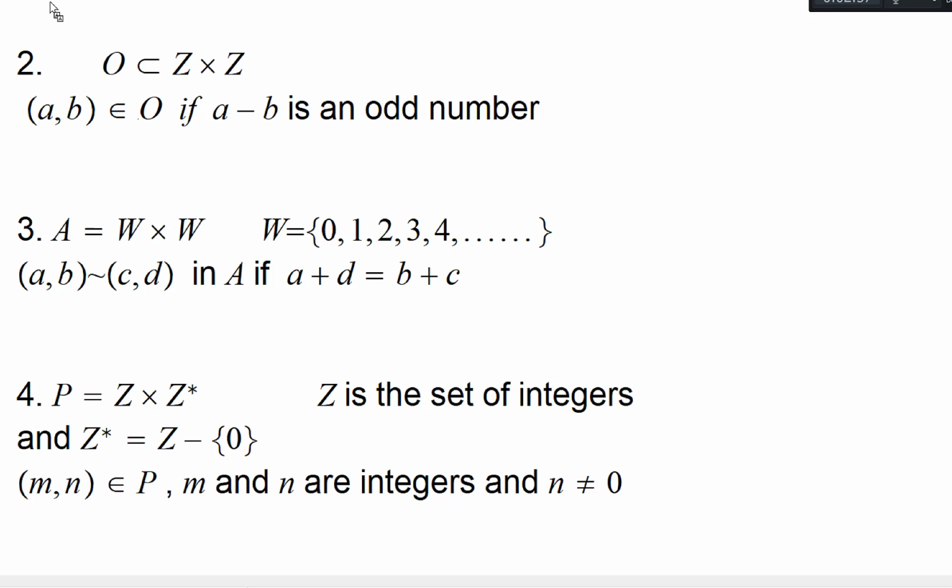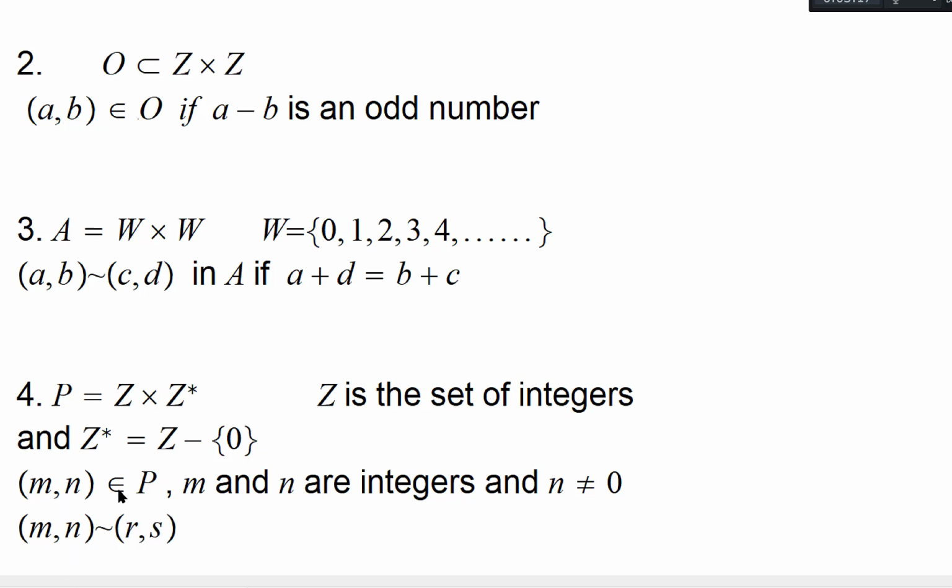So we got P here. Here we may define that in P, (M, N) is related to, let's call it (R, S).